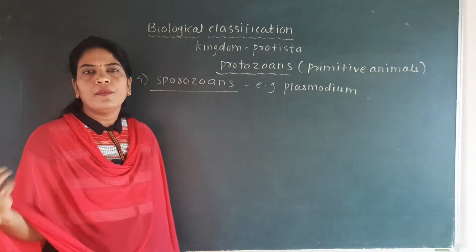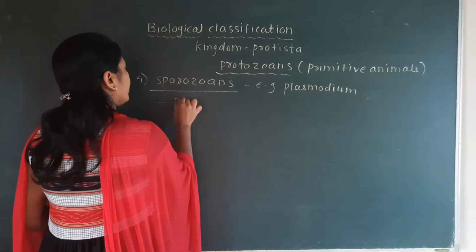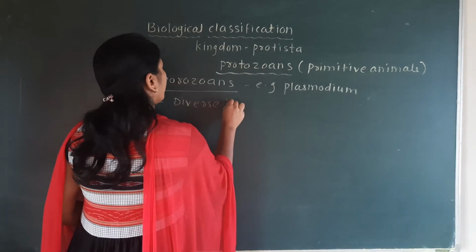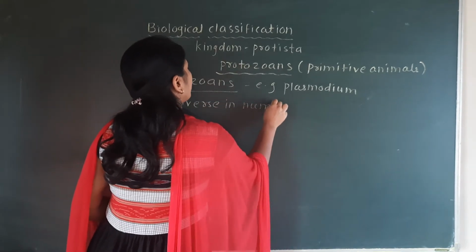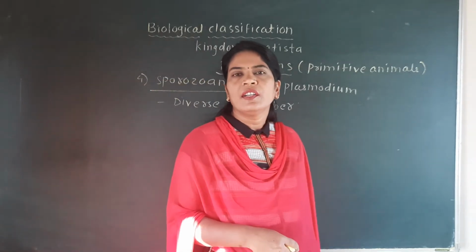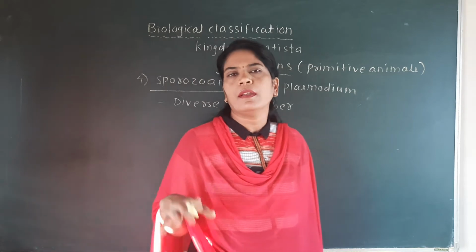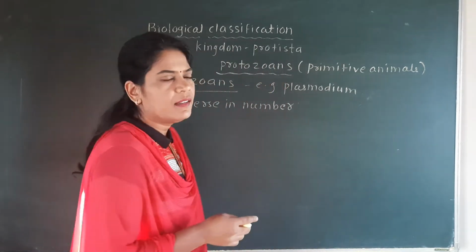Okay, what are the characteristics of this group? An important characteristic is that they are diverse in number. That means it includes a number of organisms which have different structures. Their number is uncountable, so it is called diverse in number.